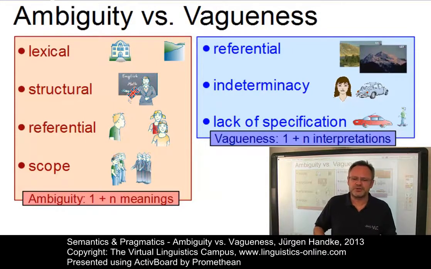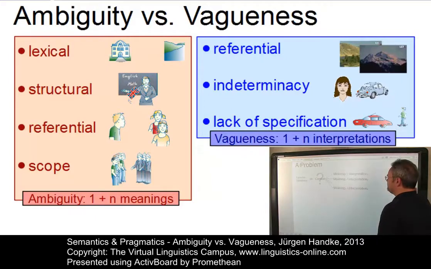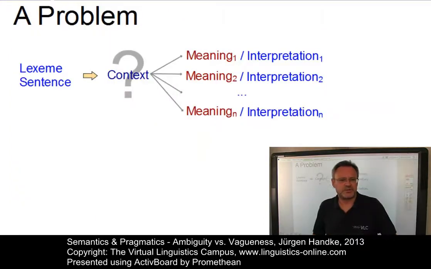The question we are going to address now is how can we keep these phenomena apart? Well, we need a test involving a context that helps us to isolate the respective readings of a linguistic unit. A general problem, however, with such ambiguity tests is that they fail to apply in some situations and sometimes give unclear answers.